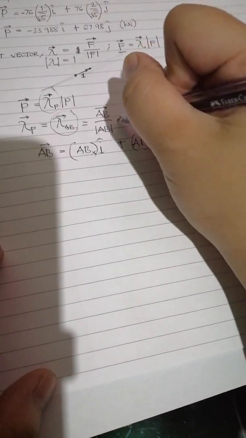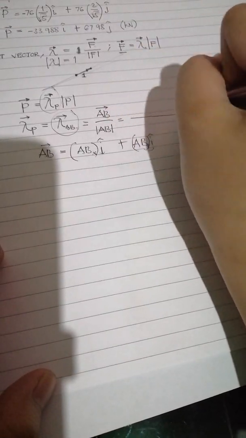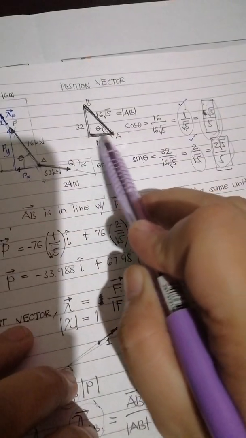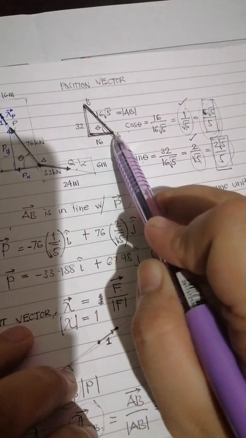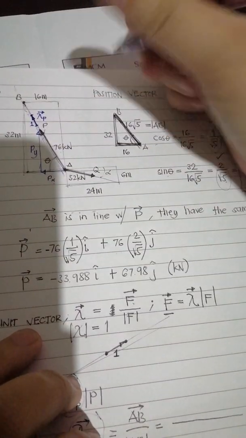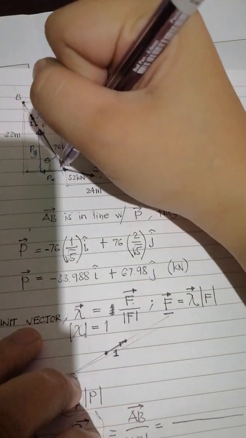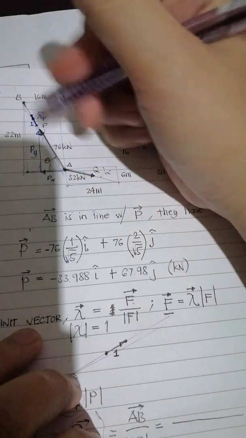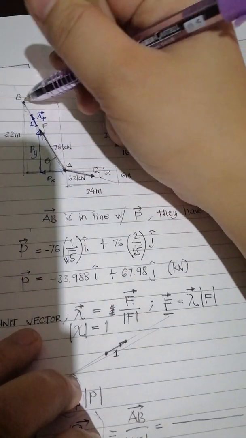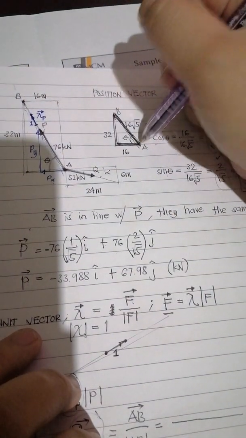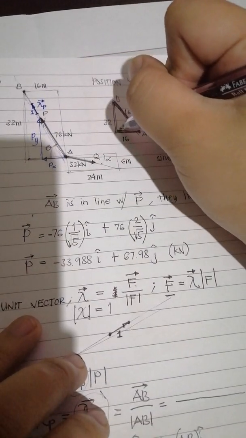Okay. So, ang ating vector AB ay ito, X component of AB, 16. 16 is to the right, no? Kasi we have to follow the same direction, A to B, because the direction of P is from A to B, so dapat the vector that we should use is from A to B. Okay? So that we could be consistent with the unit vector.